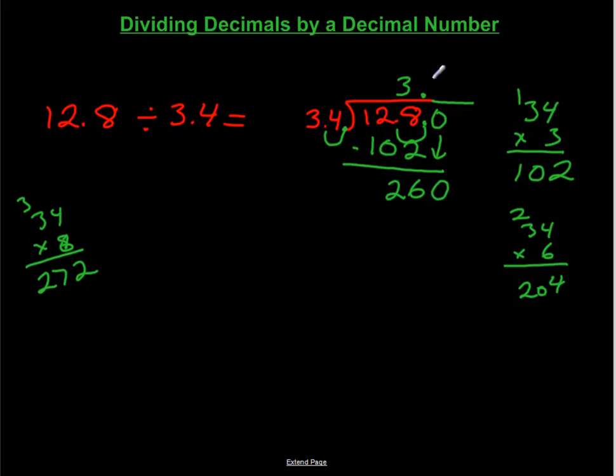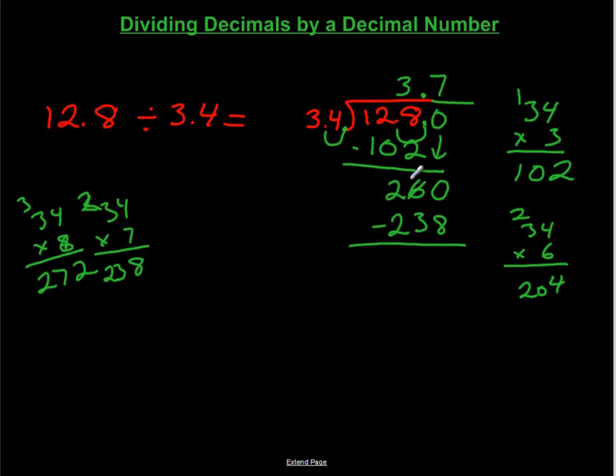Then I'm left with 7. 34 times 7: 7 times 4 is 28. Carry my 2. 7 times 3 is 21, plus 2 is 23. So we have 238. I write 238 down here and do my subtraction.